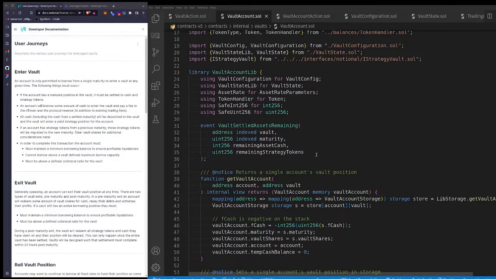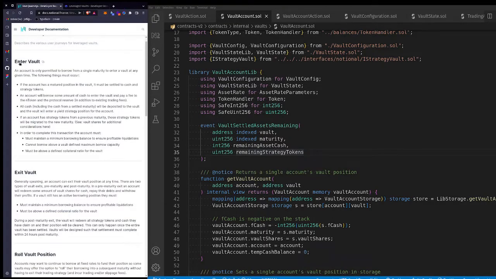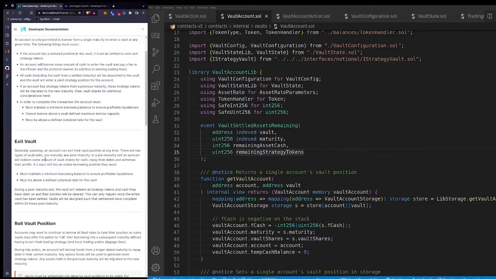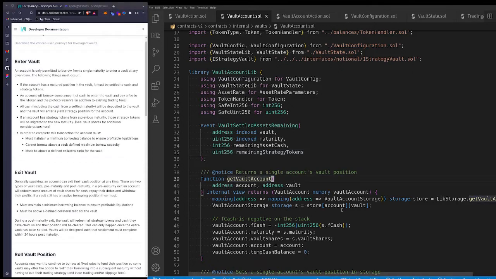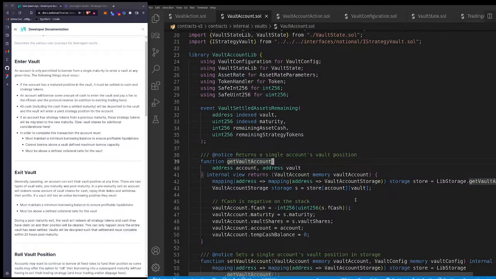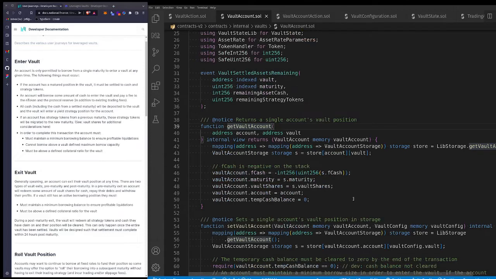So now we'll take a look at the primary user journeys that users of a vault will go through. There are three primary actions that vault users go through. One is entering the vault, the other is exiting the vault, and there are two flavors of exits: pre-maturity and post-maturity exits. And then there's rolling a vault position. So first we'll take a look at a vault account object that we store.